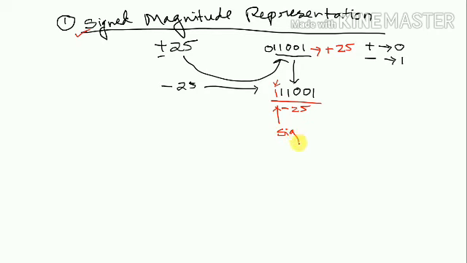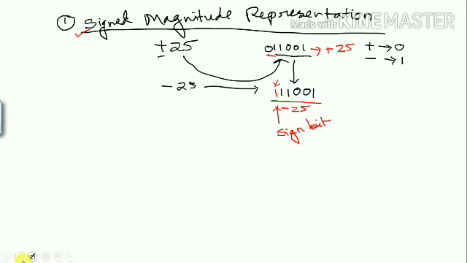Clear? If the sign bit is 1, that means a negative number. If the sign bit is 0, that means a positive number. Clear? This is the sign magnitude representation.